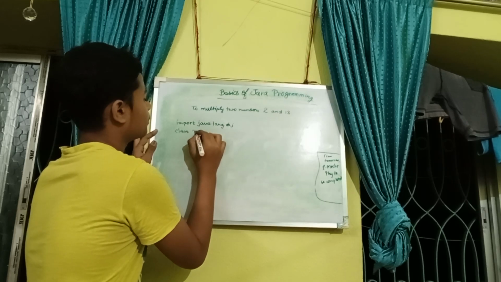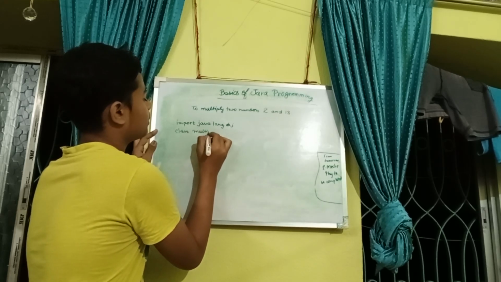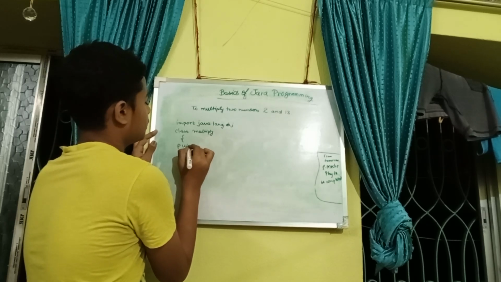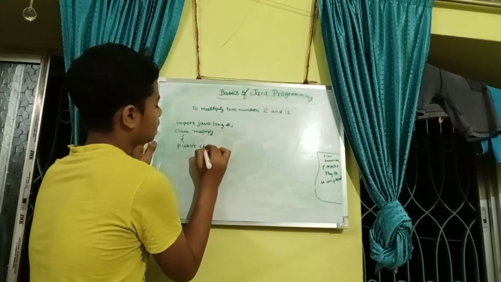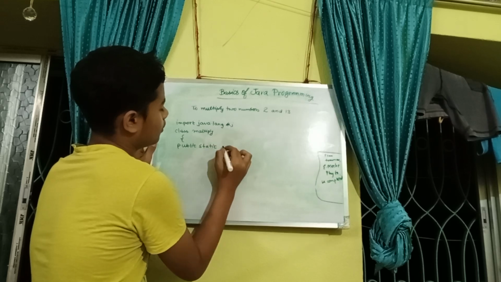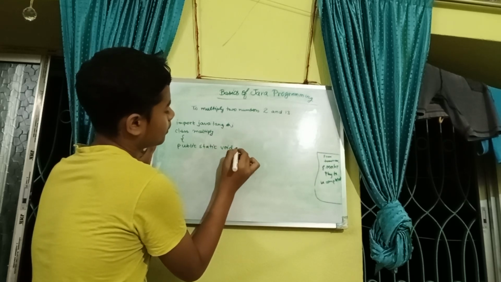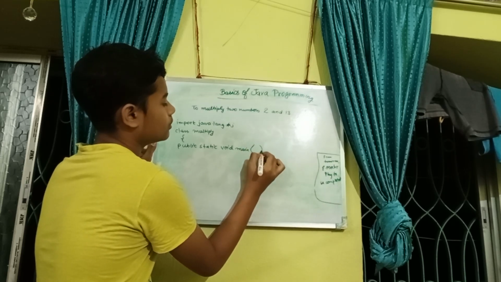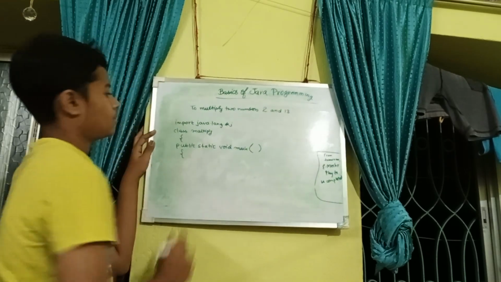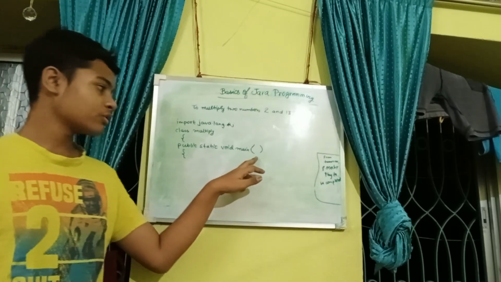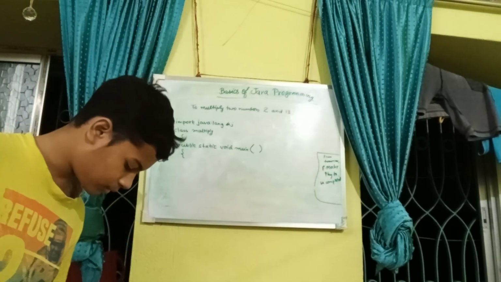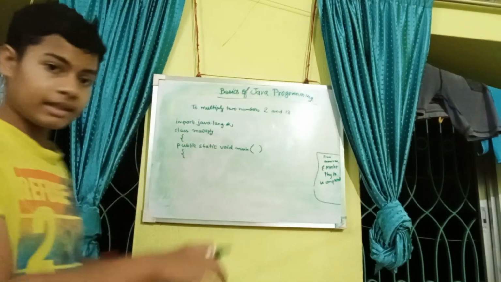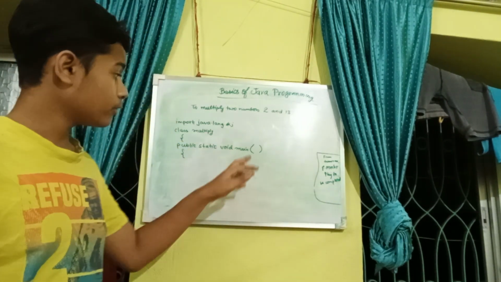As we are doing multiply, I have named it Multiply. Then public static void main. The String args will be used later, so I don't want to write this, but up to this level there is no need of this statement.